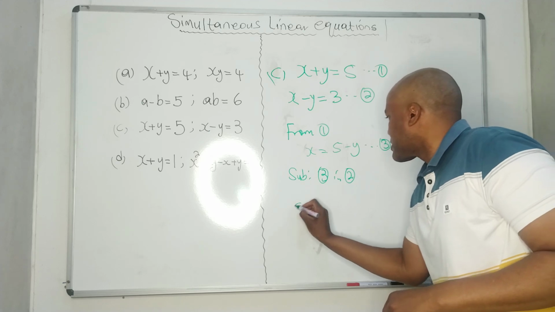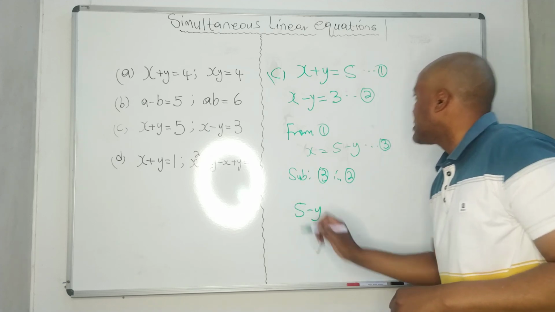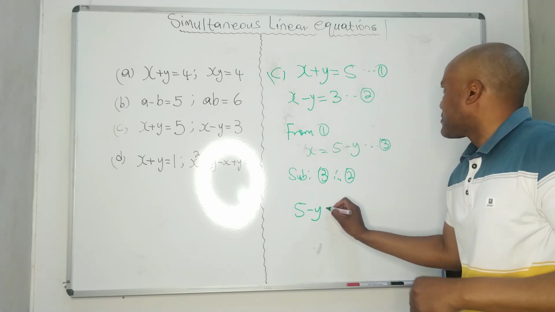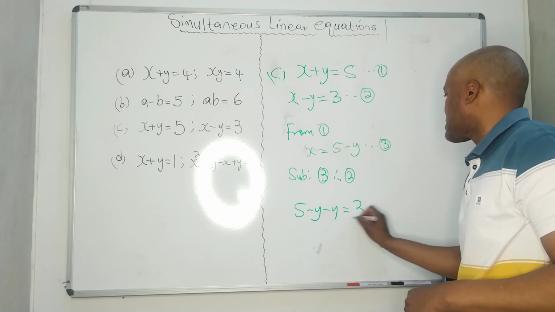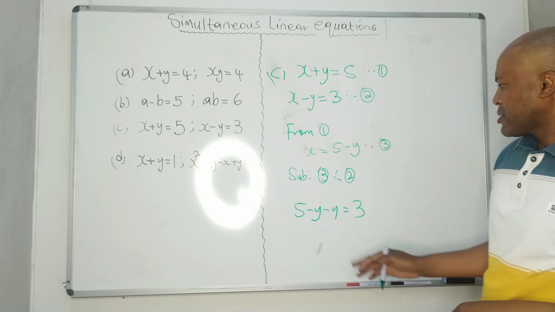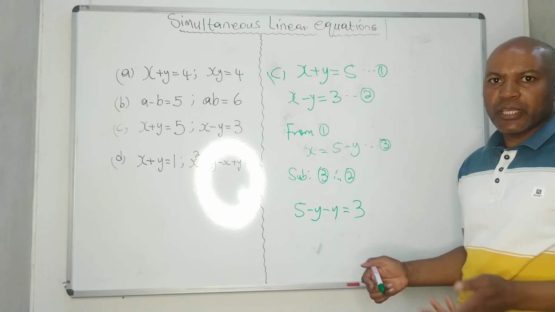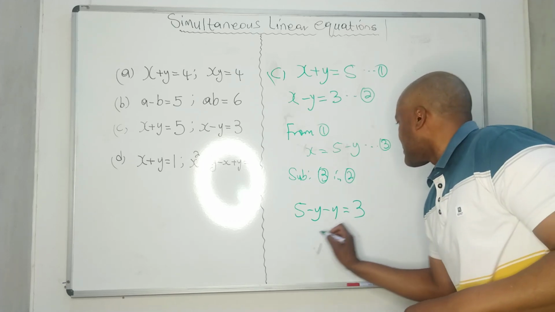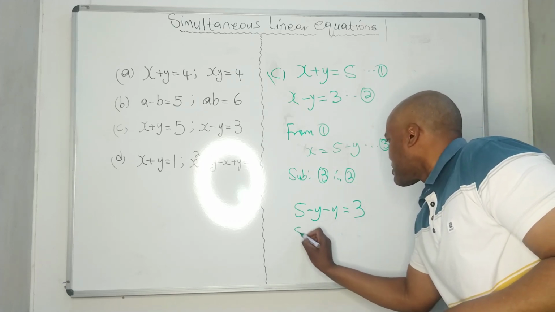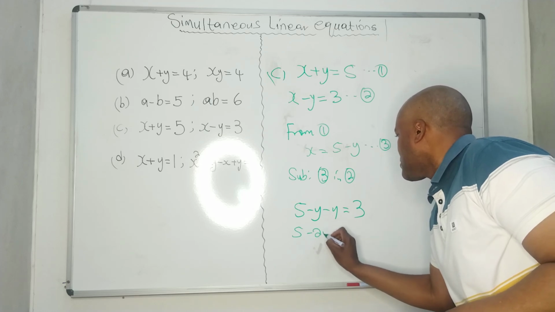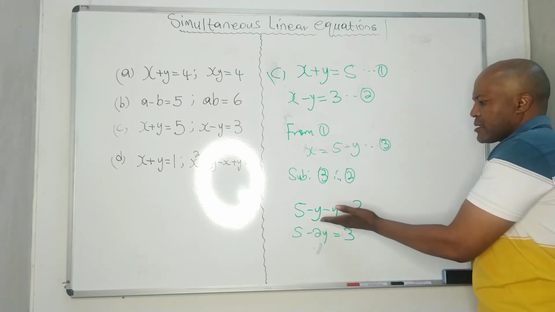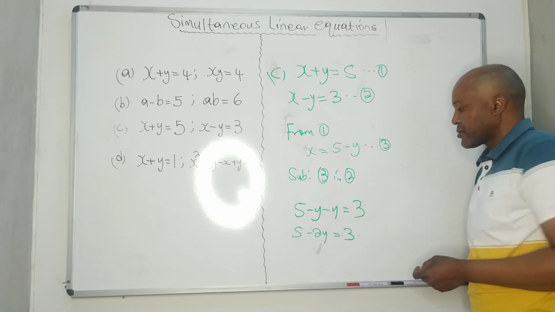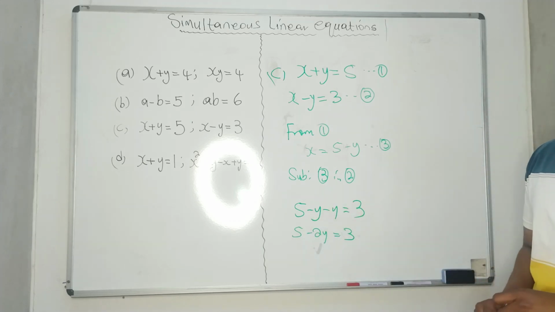So I'm going to say, okay, 5 minus y minus y is equals to 3. So those are like terms. I'm going to add them. It's going to be 5 minus 2y is equals to 3. If you add negative y, you get negative 2y.